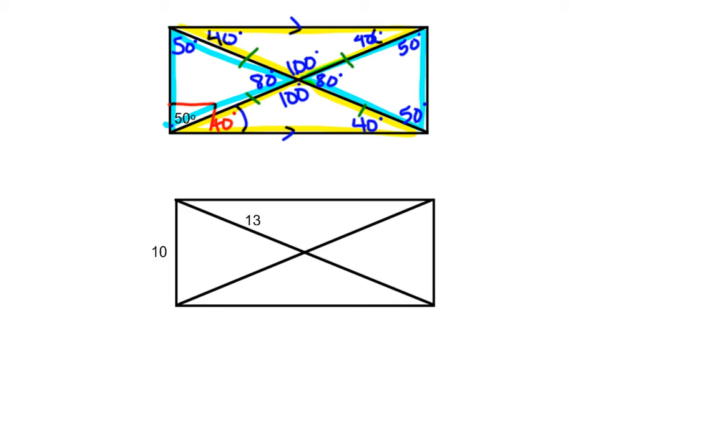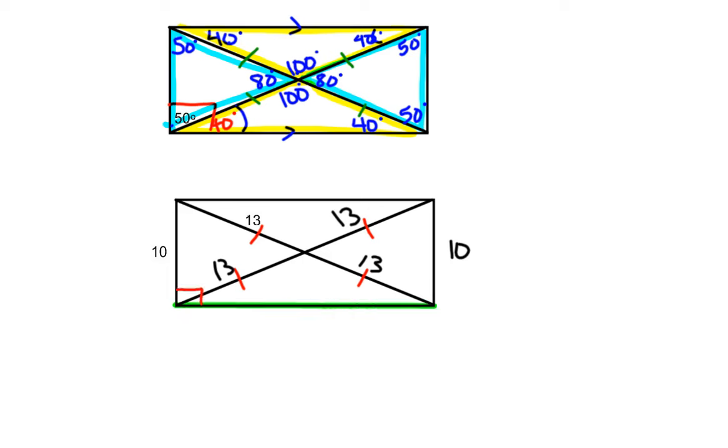Now, the other property I'm going to look at is the fact that the diagonals are congruent and they are bisected. That's going to help me find specific lengths. Okay, I know all those pieces are the same, which means this is 13, this is 13, and this is 13. Well, I also know that's 10, and I need to figure out how I can find this piece right here.